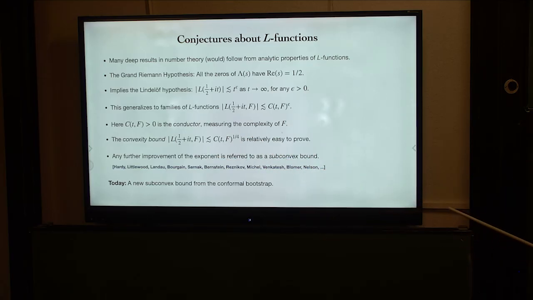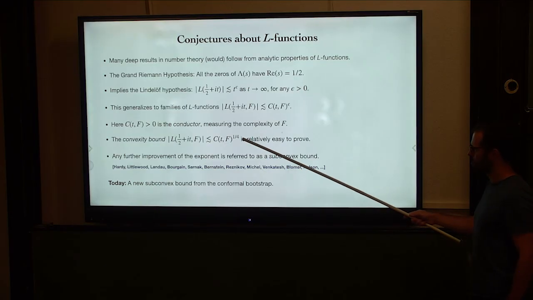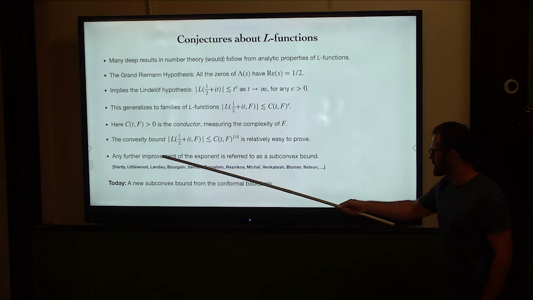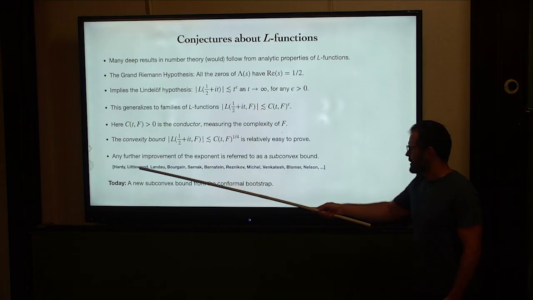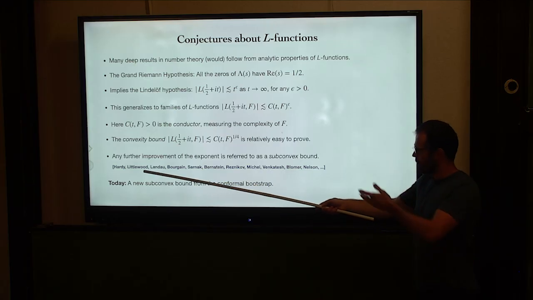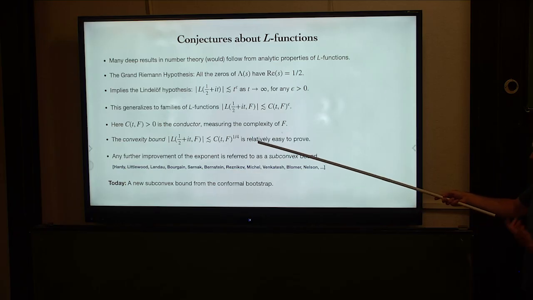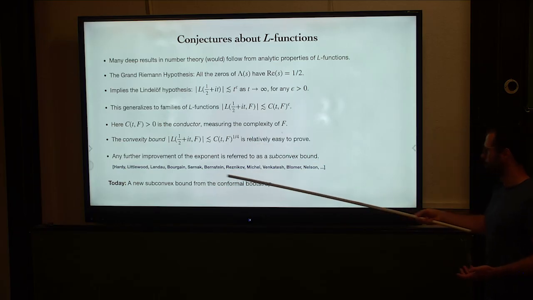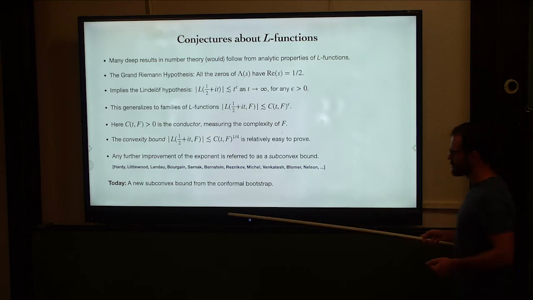And various important facts in number theory would follow if you can improve this convexity bound to a better exponent. So if you can reduce this 1/4, then it's called a subconvex bound. And this is a problem that has been worked on by various people going back to Hardy and Littlewood, who first improved the convexity bound for the Riemann zeta function, and all the way until today for various families of L functions.